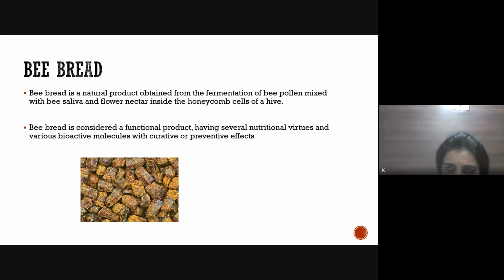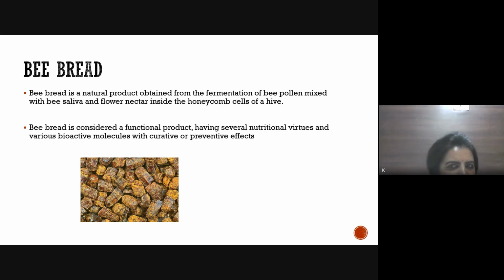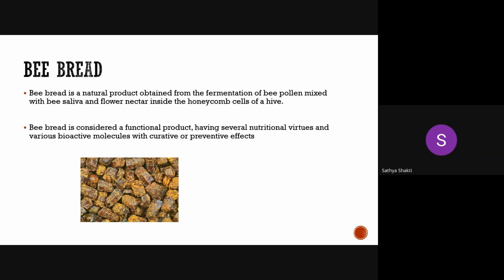Are any of you doing beekeeping? Anyone active? Madam, very, very small scale. I'm from a village, so it's not a box.